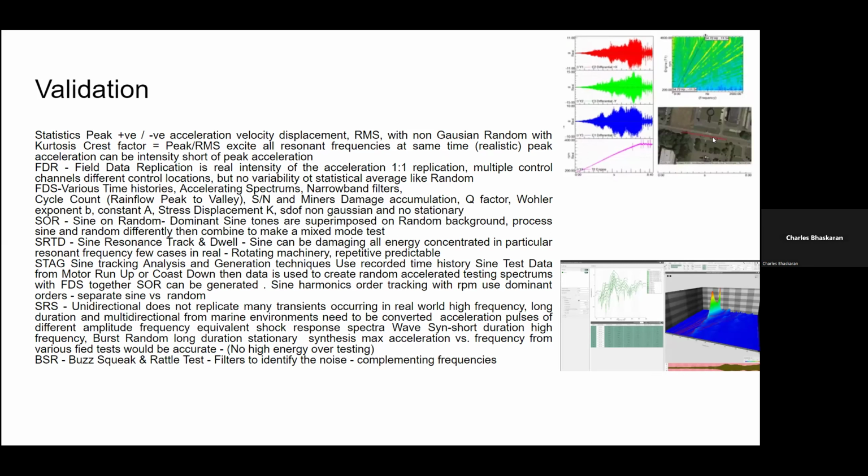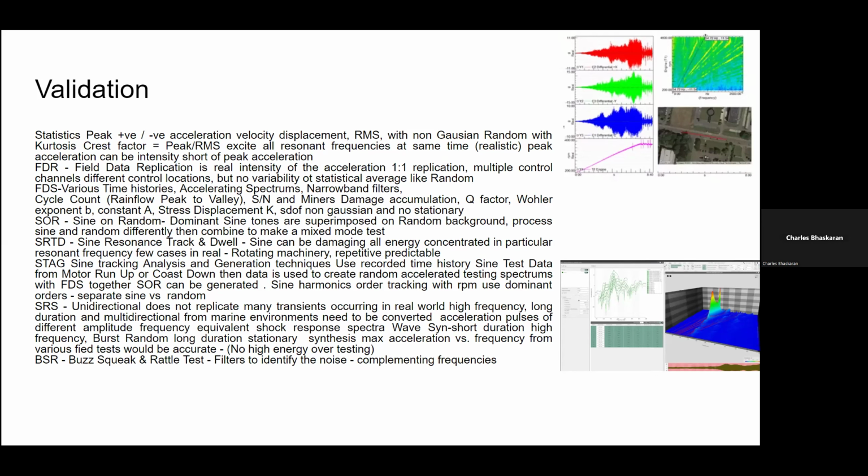How can we use this data to simulate real world conditions? When we collect data, we start looking at the peak accelerations, the velocities, the displacements. In most cases, what we will see is non-Gaussian behavior. There are no repeatable patterns in them. They're all random in nature.